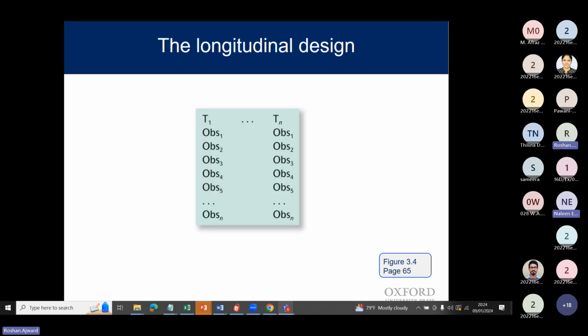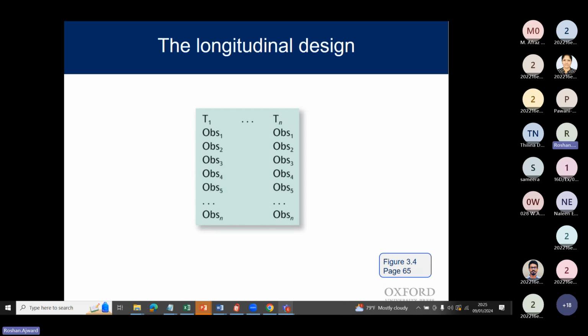If I show you this, you see this is T1, you get the data, and then again you get T2 or Tn at some other time. Sometimes you can get this data for 50 years. For 50 years, every year, I ask the same people what they think about their life, what they think about their success.